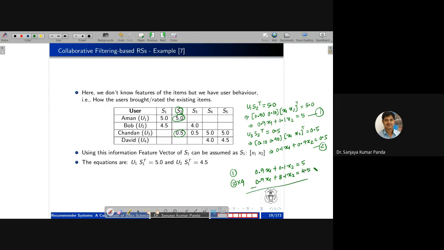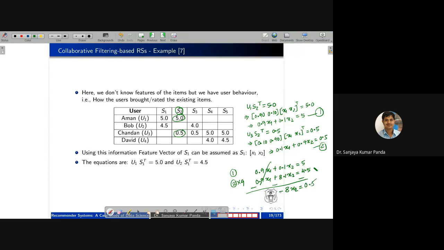So if I subtract it, this is cancelled, and 0.1 minus 8.1, you will get minus 8. So it is nothing but minus 8 x2 is equal to 5 minus 4.5, you will get 0.5.